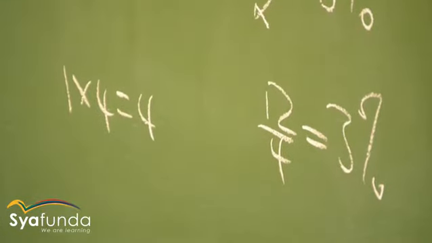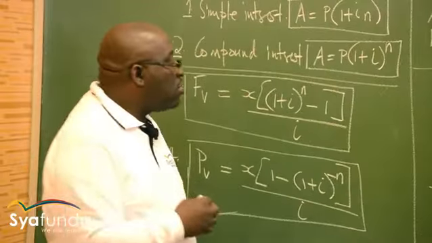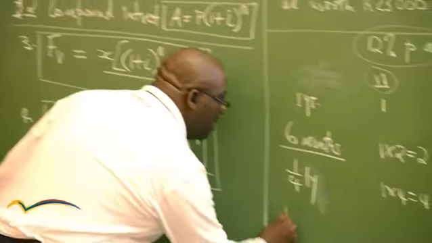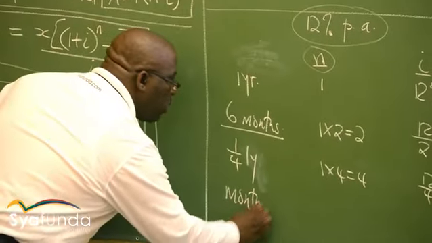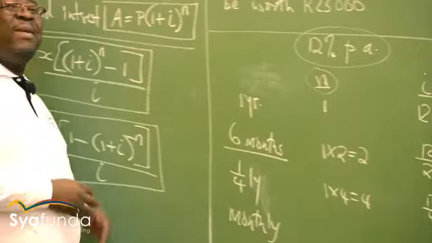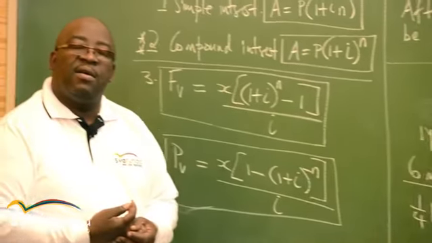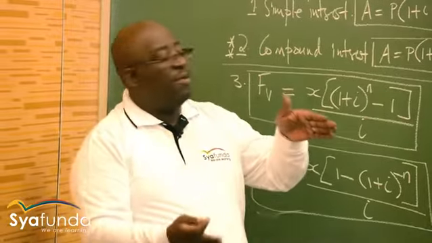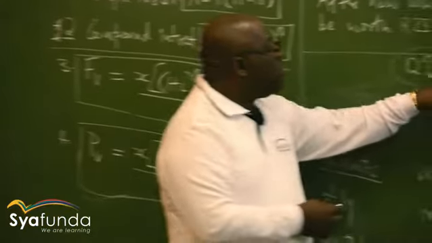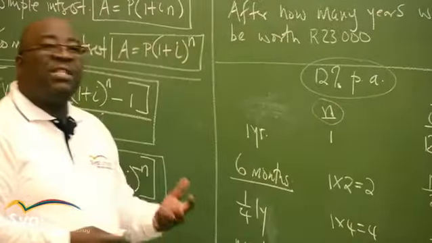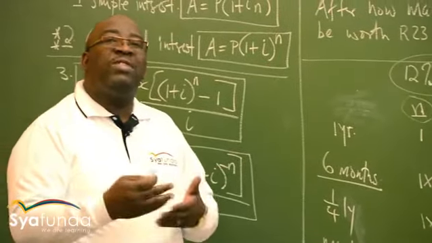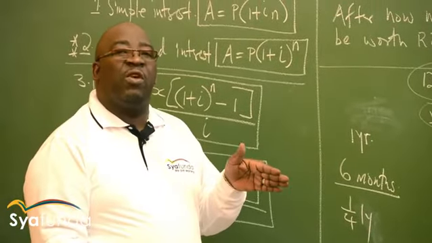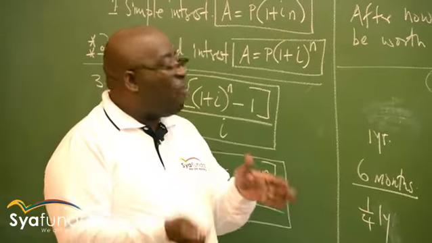Now, if they say, for an example, we're going to compound this interest monthly, every month. How many months do we have in a year? We've got 12 months in a year. So if for the whole year it is 12% per annum, how much percentage are we going to put every month so that at the end of the year we've got 12%? We're going to have 1% each.